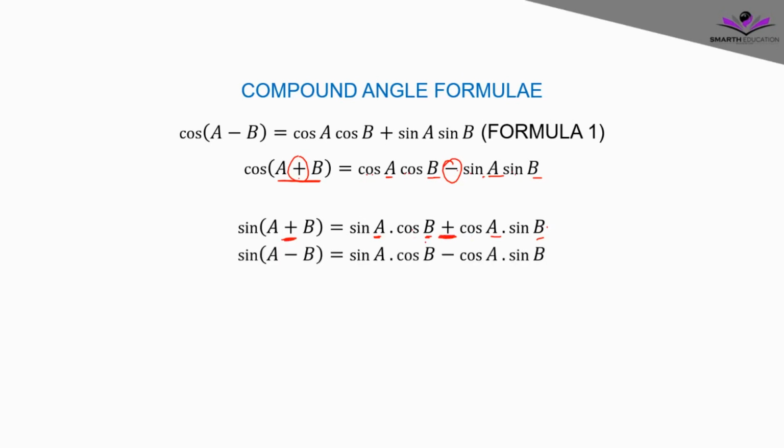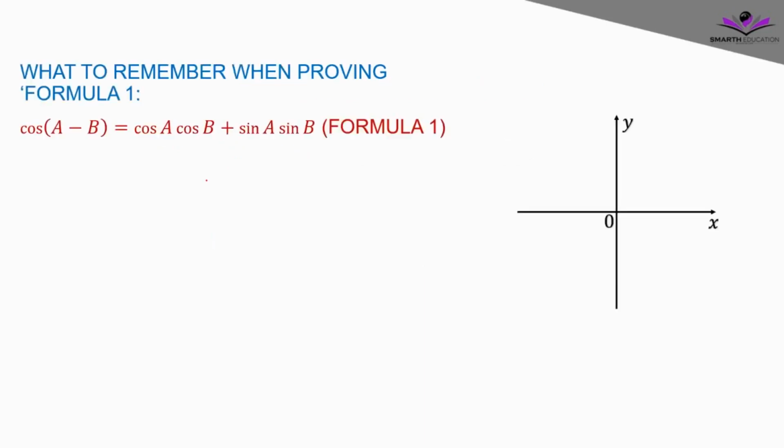Just like we have sin A minus B, the operation here is minus, the operation here is minus. We have A, B, A, B. Then we alternate this: sin A, cos B, cos A, sin B. These are the four compound angles we're going to prove. We're going to start by proving formula 1, and then these other three are going to be derived from formula 1. These are the few things that I want us to discuss before we do the proof.